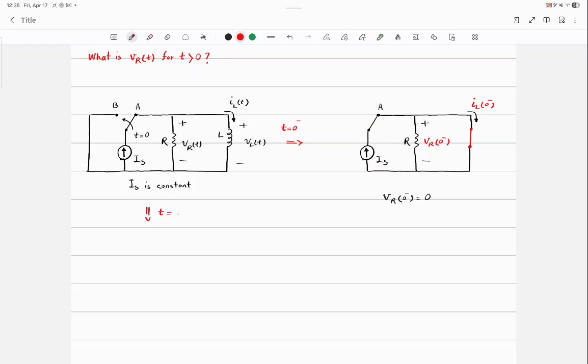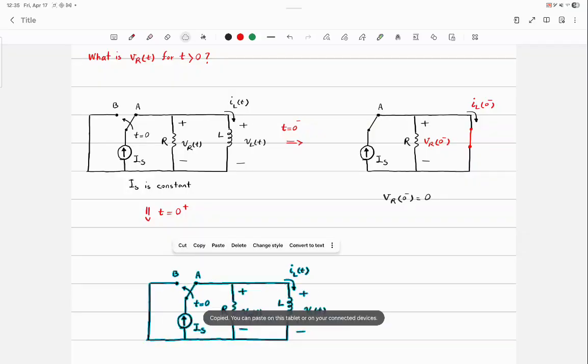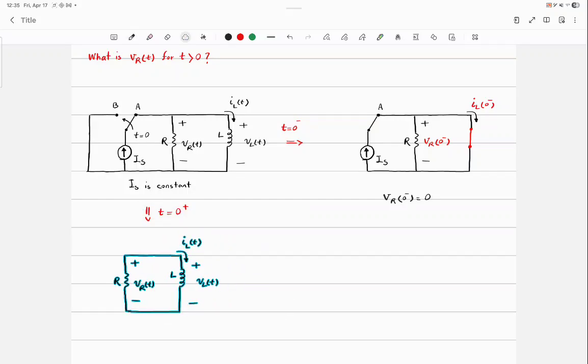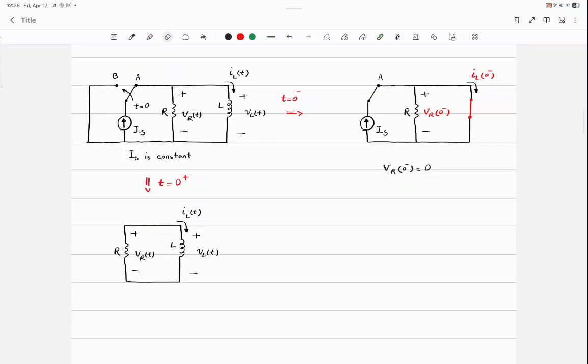Okay, so let's now analyze the circuit at t equals 0 positive. Okay, this is your circuit.